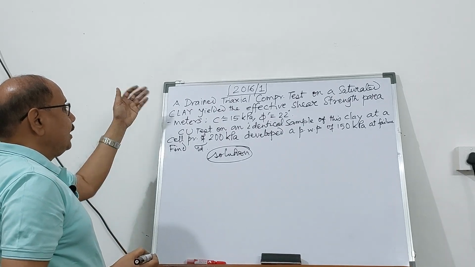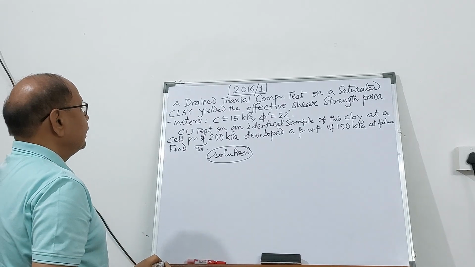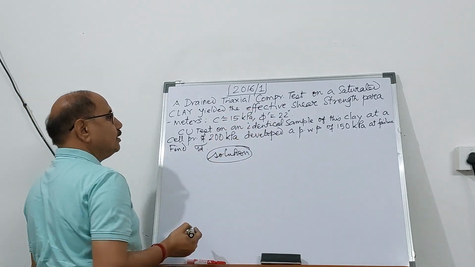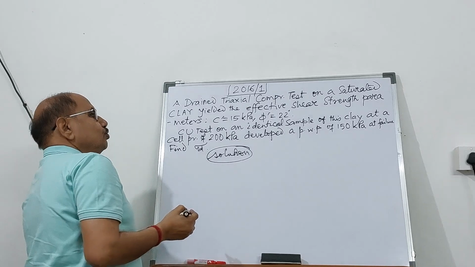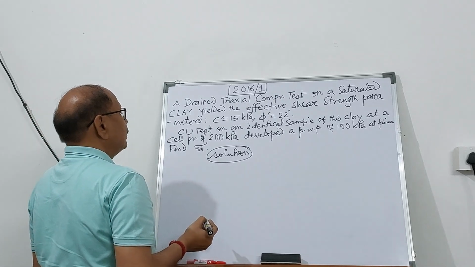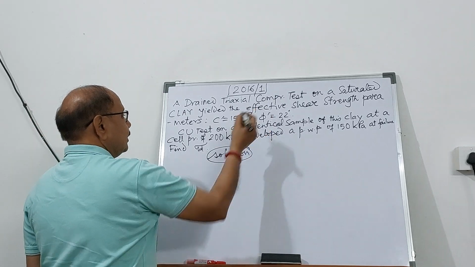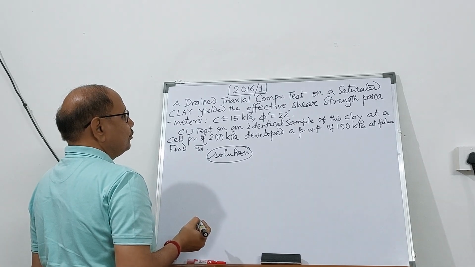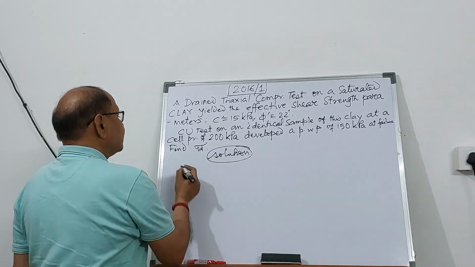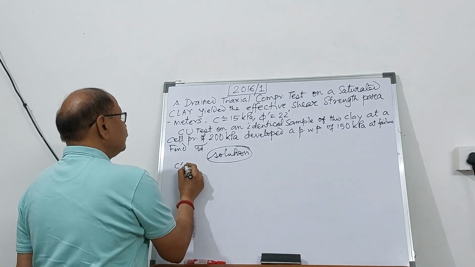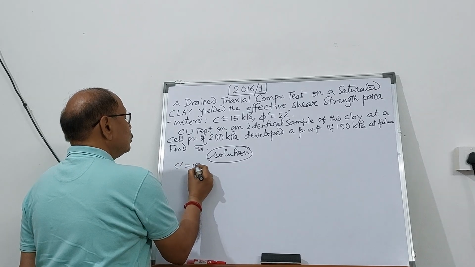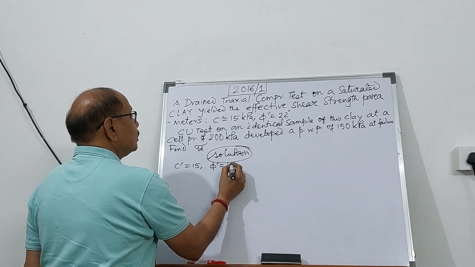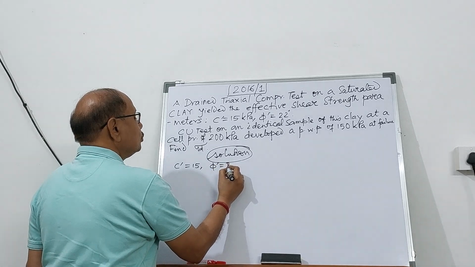Or we can see the solution of this problem. So you can just see it is going to be a drained test, and you get the effective shear strength parameters. c prime is known to you and phi prime is also known to you.